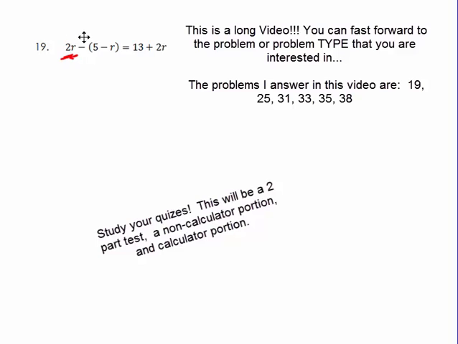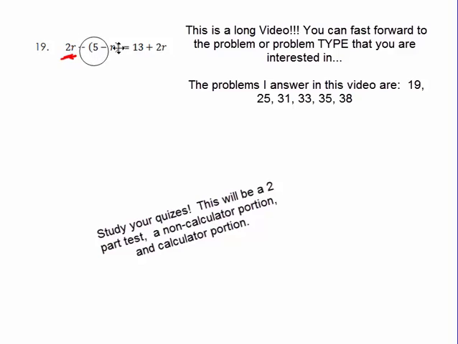This is 2r minus 5 minus r. So one thing I like to do is remind myself, hey, there's a 1 right here. That doesn't look like a 1, does it? I like to remind myself that there is a 1 right here. And this negative 1 is what's being distributed to the 5 and the r.